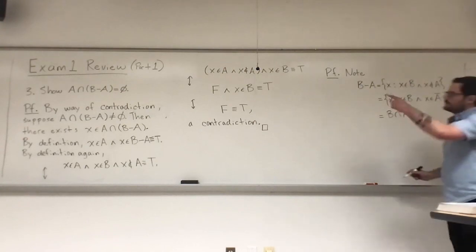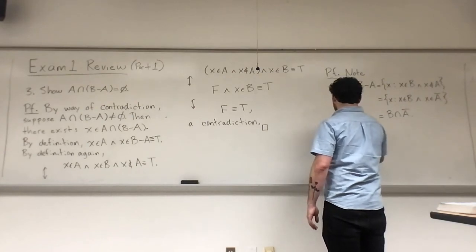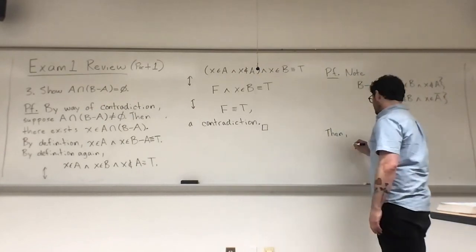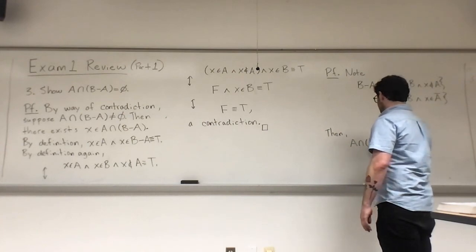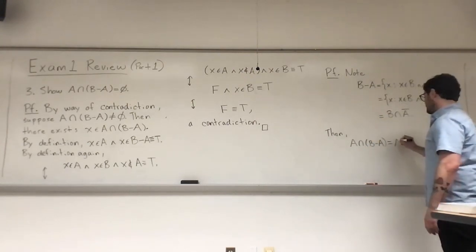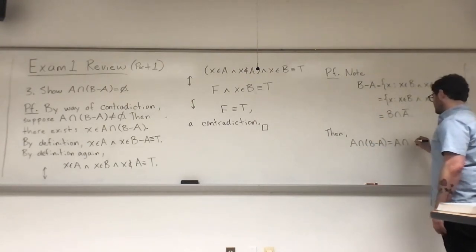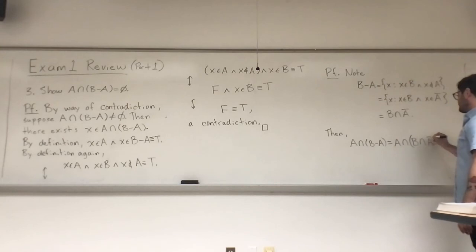So then if we look at the original thing, we have A intersect B minus A is equal to A intersect B intersect A complement, like that.